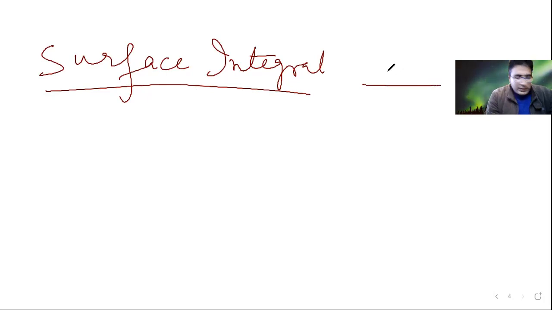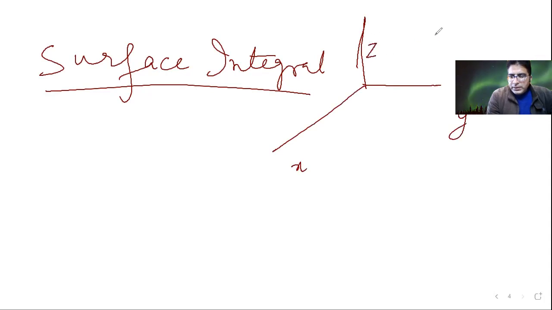So I draw it this way. If this is my space, x, y, and z, and in that space, I have some surface.